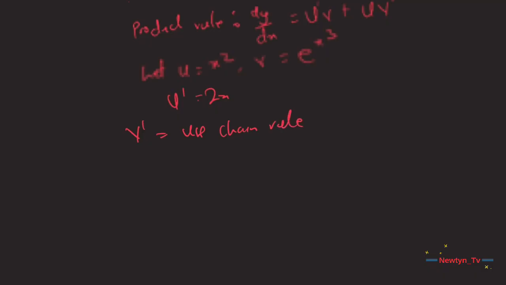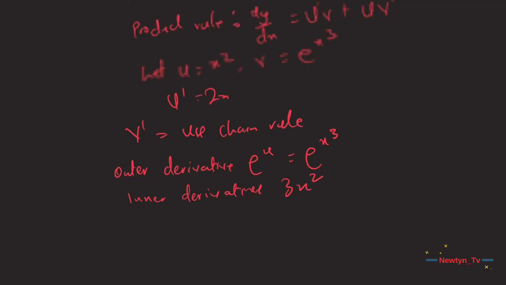Now the outer derivative, which is e exponent u, will be equal to e exponent x cubed, and the inner derivative is 3x squared.